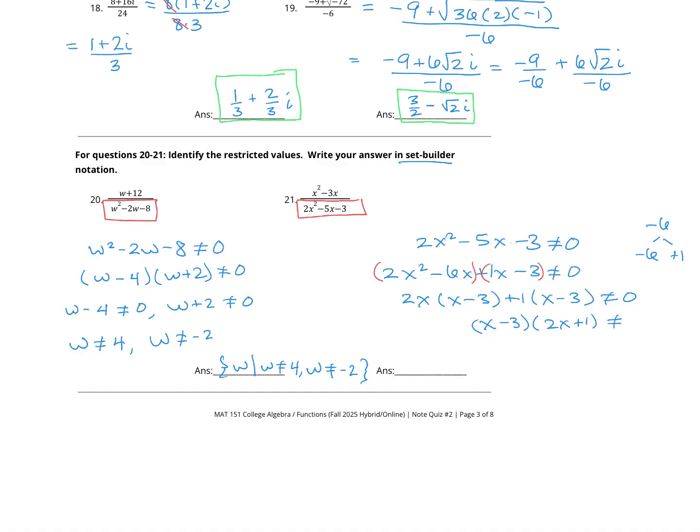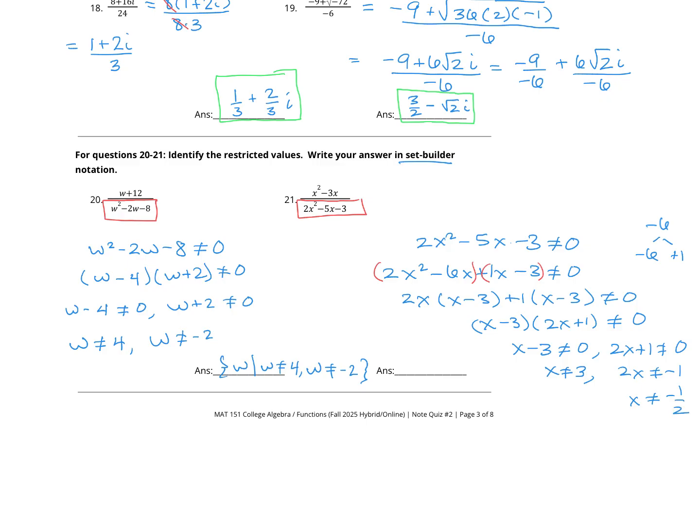And again, those two factors, we want non-zero. That means that x minus 3 must be non-zero, or 2x plus 1 is non-zero. That means x can't be 3, and 2x can't equal -1, or x can't be equal to -1/2.